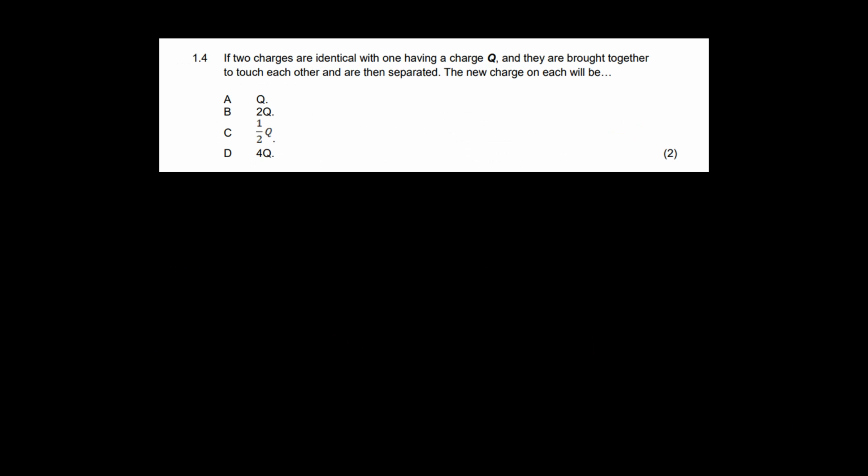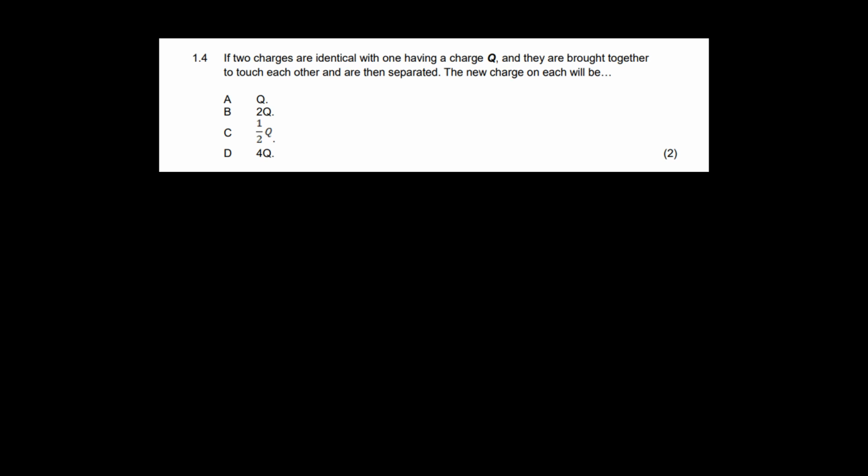Question 1.4. If 2 charges are identical, with one having a charge Q, and they are brought together to touch each other and are then separated, the new charge on each will be A, Q, B, 2Q, C, half of Q, or half Q, 1 over 2Q, or D, 4Q.